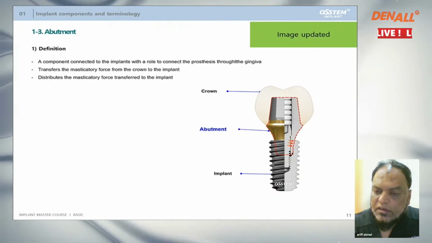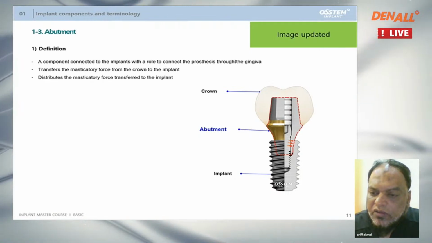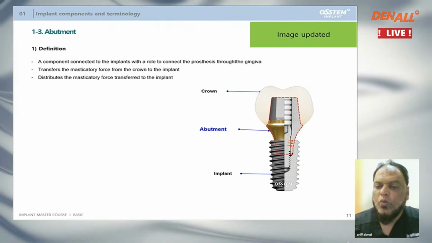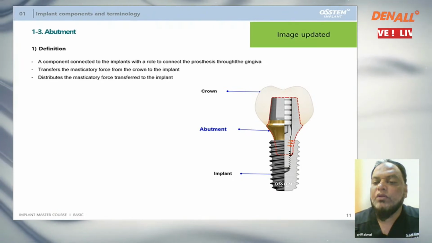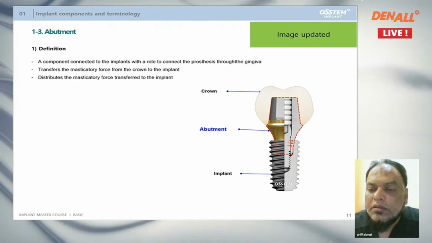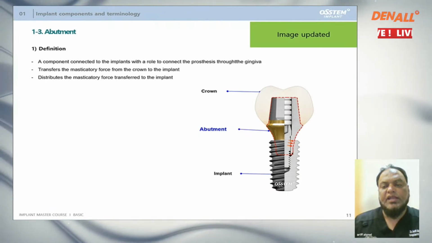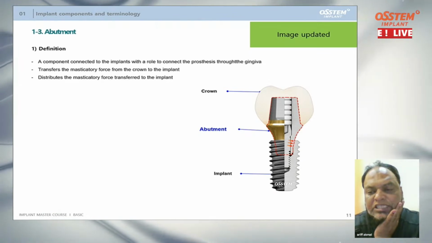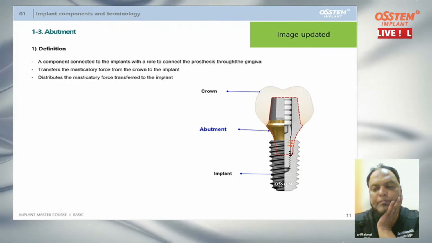What is the reason? In cases where we do immediate extraction placement, what will you do if the length of the root is 11? The protocol for immediate extraction placement says that you should be beyond the apex by at least 3 to 4 mm.